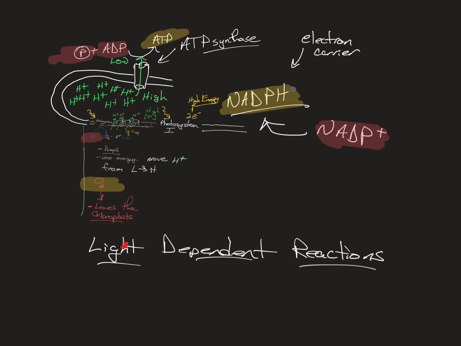If there's no light, will there be products? No, because the reactions won't happen because they're dependent on light. So there'll be less oxygen made, less NADPH made, less ATP made. The reactants, there'll be more of them because less are going to be used. I hope that makes sense.